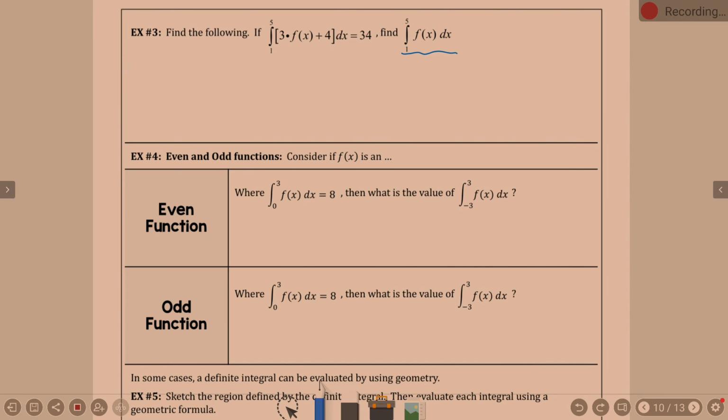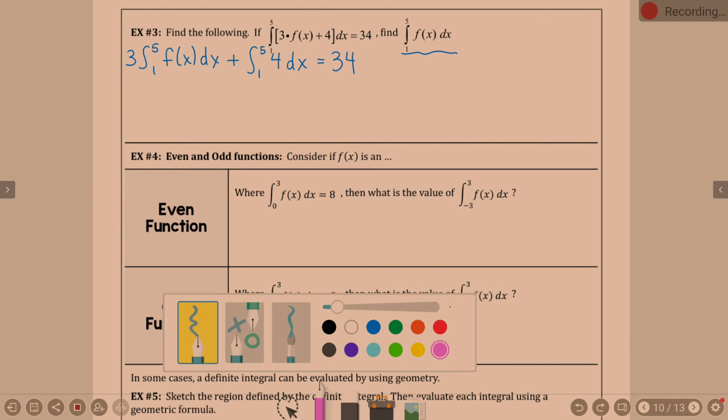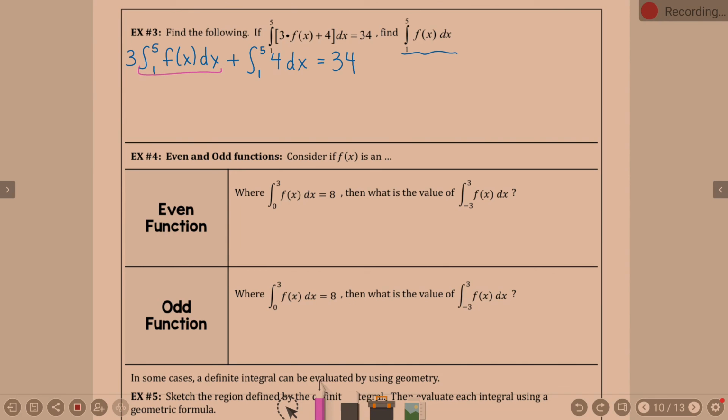I'm going to say 3 times the integral from 1 to 5 of f of x dx plus the integral from 1 to 5 of 4 dx, and it all equals 34 still. It's a big old equation, guys, because I am trying to solve for the integral from 1 to 5 of f of x dx.